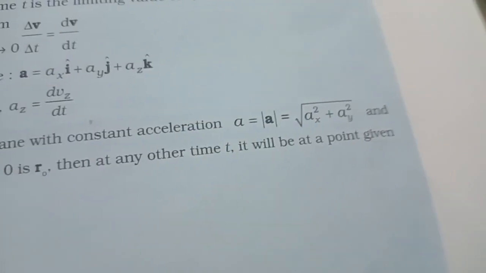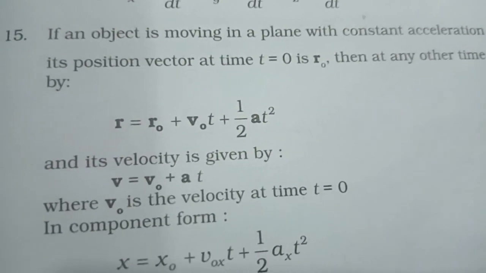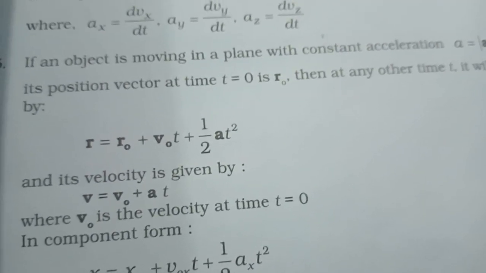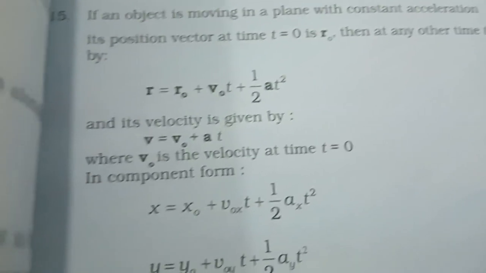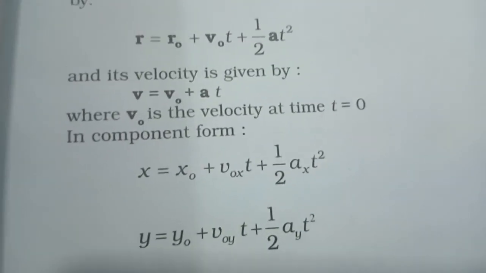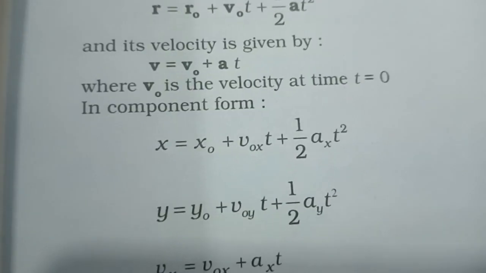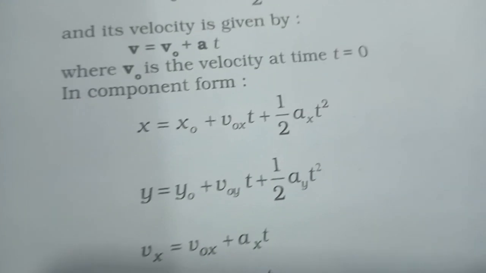Then at any other time t, it will be at a point given by r is equal to r naught plus v naught t plus half at square, and its velocity is given by v is equal to v naught plus at, where v naught is the velocity at time t is equal to 0.